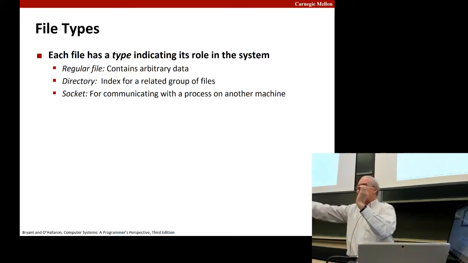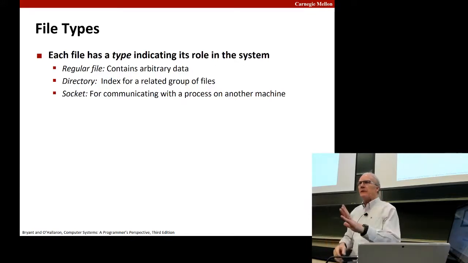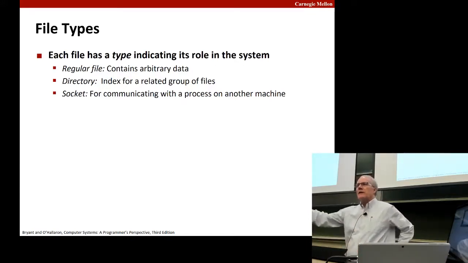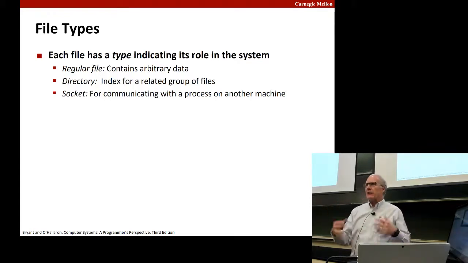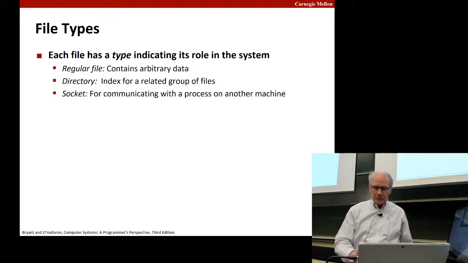At the remote site, there's another socket. I start writing to my socket, and at the other end the process reads from its socket, and lo and behold, the stuff I sent is provided to the remote process, and the same going back the other direction. So a socket is a file, but a very special type of file for network connections.